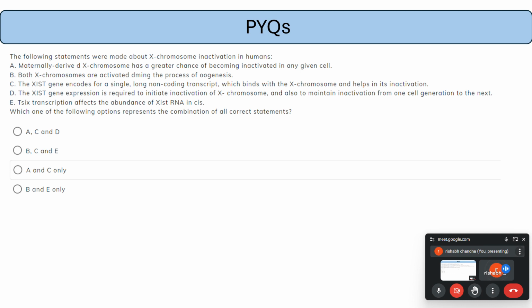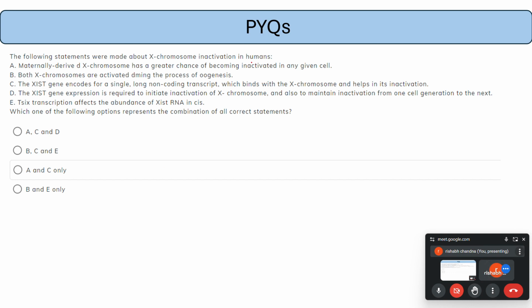Four: Xist gene expression is required to initiate inactivation of the X chromosome and also to maintain inactivation from one cell generation to the next. Five: Tsix transcription affects the abundance of Xist RNA in cis. Which one of the following options represents the combination of all correct statements?